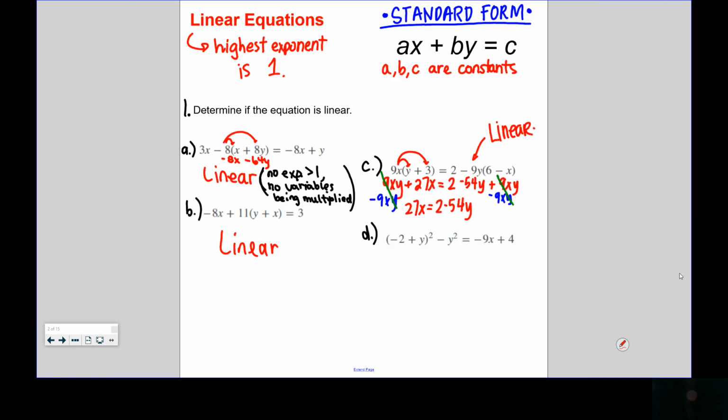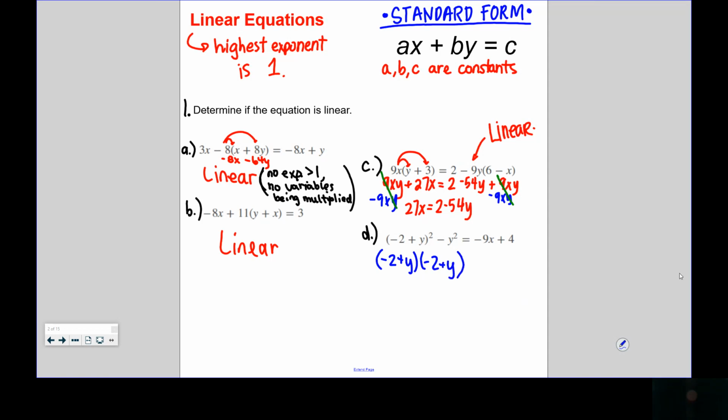All right, so let me show you, this is actually a really good problem because this is a common mistake that people will make. Whenever they see this squared here, they'll just say, okay, well, I'll just square that one and square that one. That's not how it works. You have to multiply this out. So this, you have to write out as -2 plus y, -2 plus y.